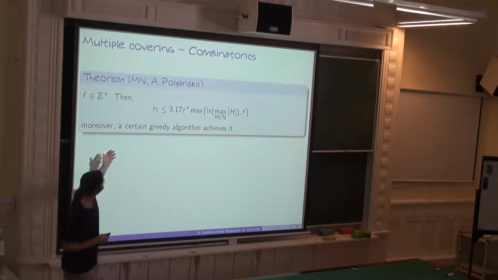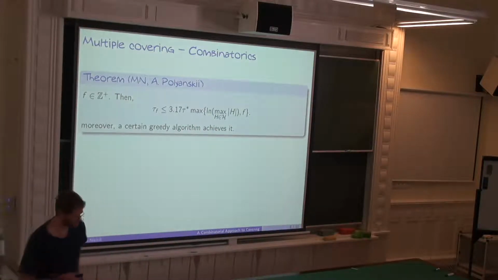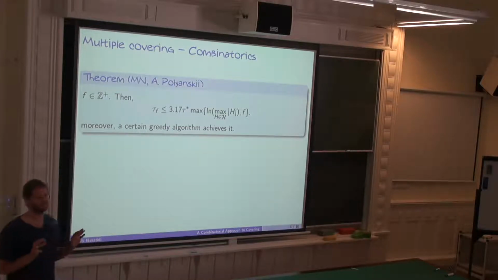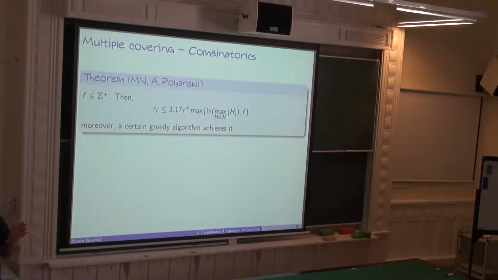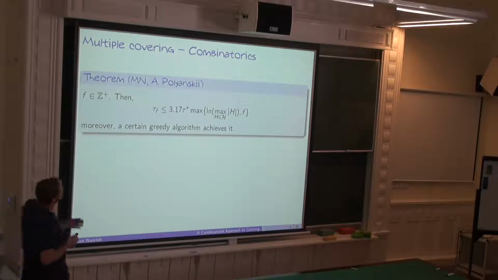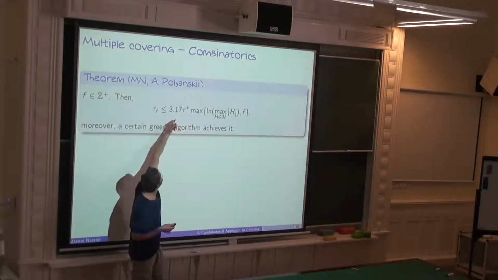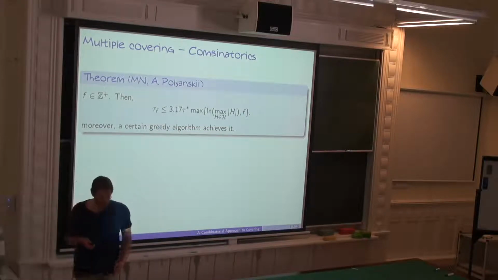But instead, it turns out, so what we noticed with Sasha Polyansky is that if you modify your greedy algorithm and do a different type of greedy algorithm, so it's still a greedy algorithm, but with different costs or different weights, then as long as this f is not too large, essentially the same bound, up to this constant factor, will hold.